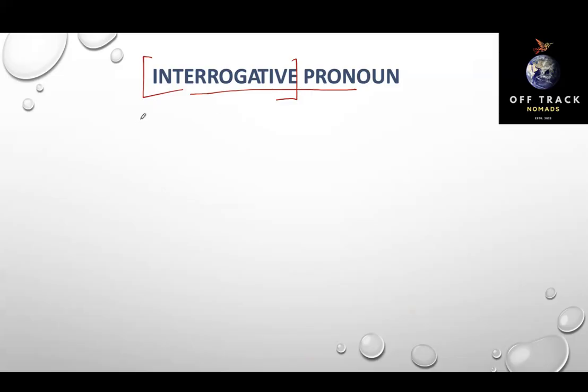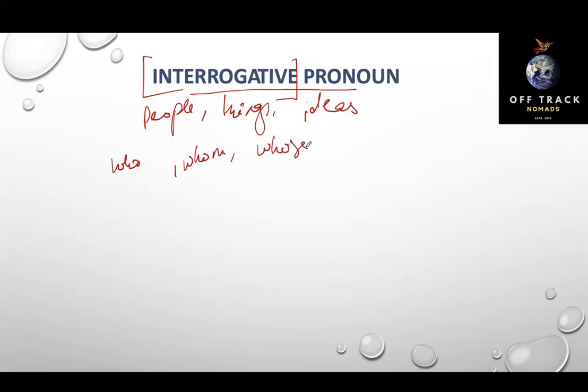They help us gather information by pointing to people, things, or I can also say ideas. The common words that we use as interrogative pronouns are who, whom, whose, what, or which. Okay, let us see the next rule.